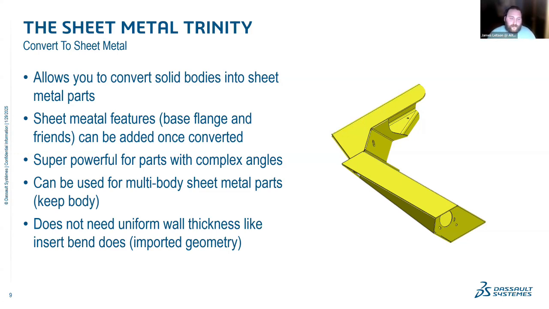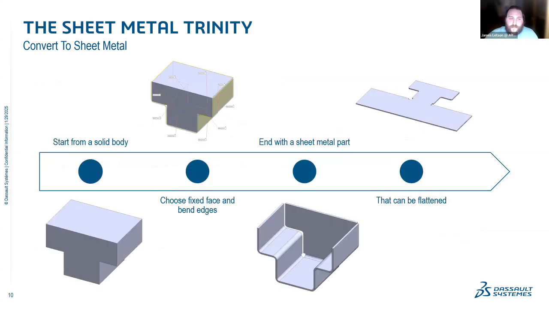And for later on, it's good to know that it does not need uniform wall thickness like insert bend does. So the way it works, you start from a solid body, you choose a fixed face and the edges you want to be bent, and then you end with a sheet metal part that can be flattened. Again, just like the last two things that we looked at.